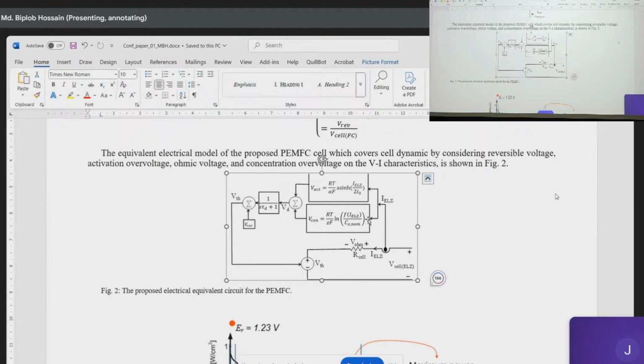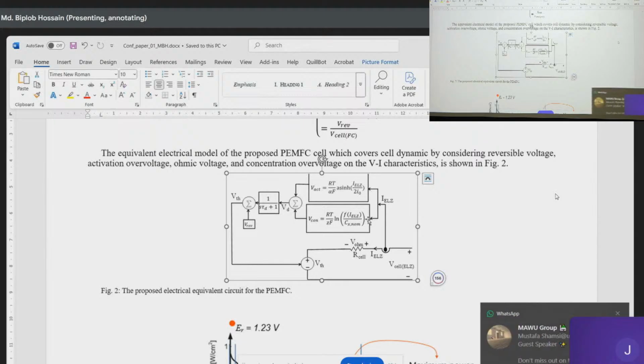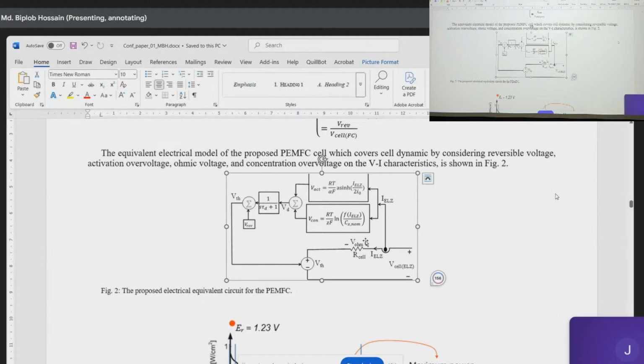It needs some time to follow the external current profile change, because there is a time requirement to pass electrons from one electrode to another, which cannot be reflected in the outside conductor. That means the conductor is required to complete the circuit. This delay we can represent by a first order time delay.